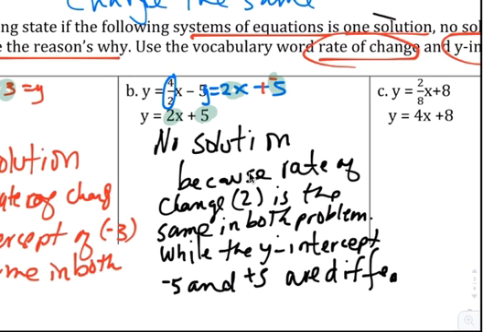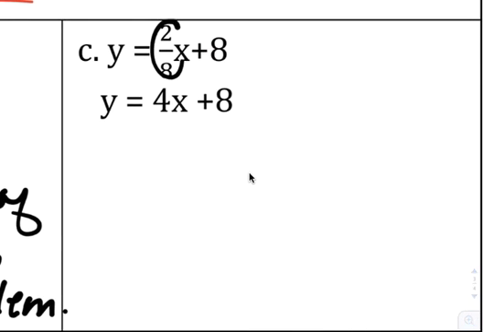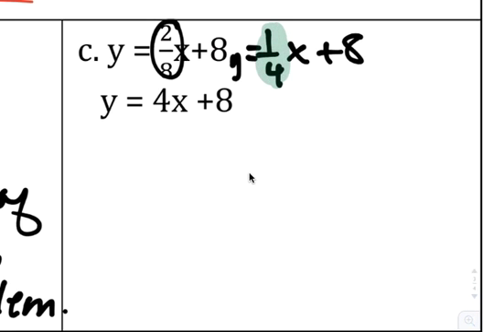Okay, the last problem, reduce that to 1/4x plus 8. The rate of change, look, 1/4 and 4 is different, so it's going to be one solution.